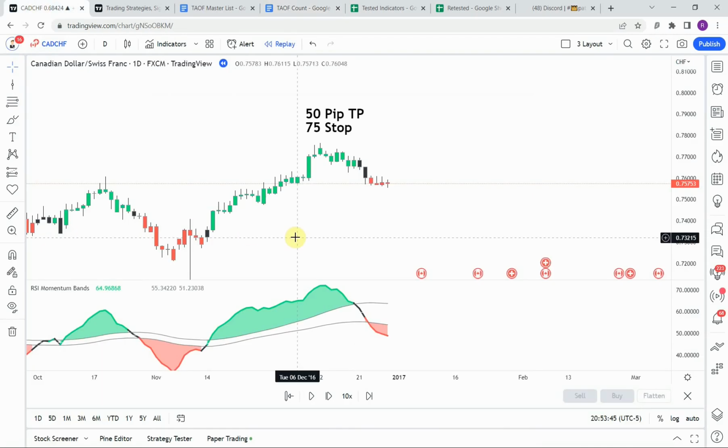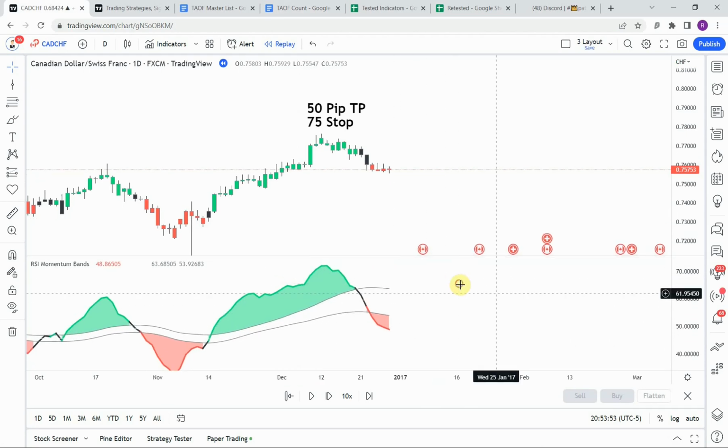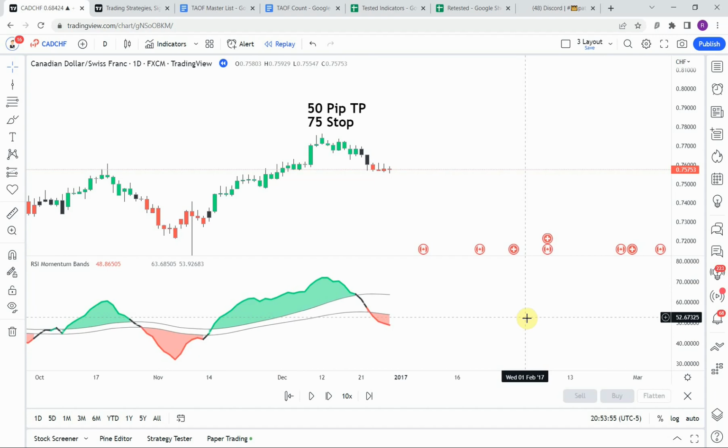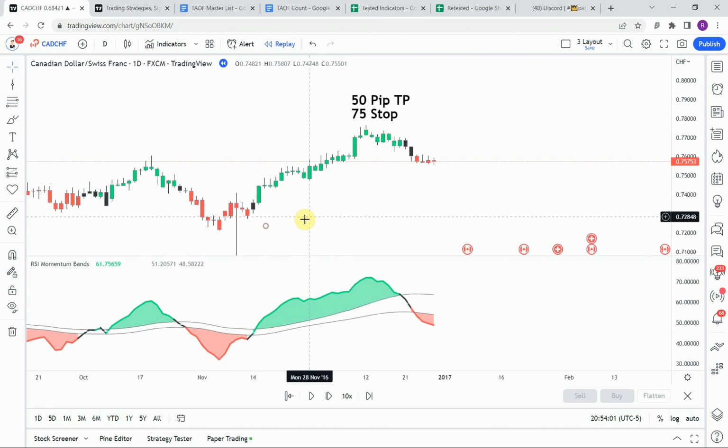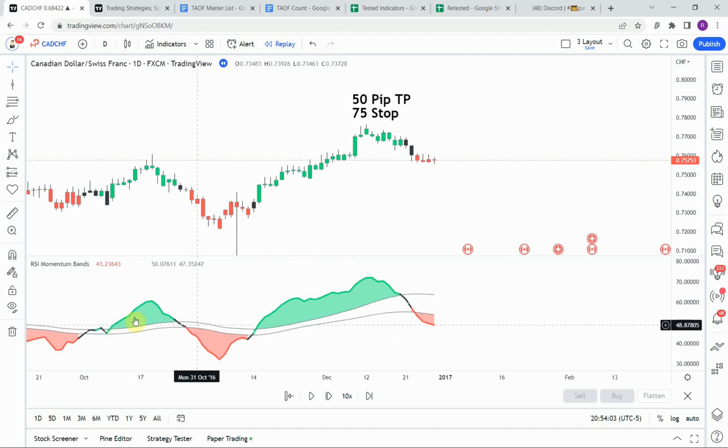Okay, so today's indicator is the RSI Momentum Bands indicator, and you can see it here on the bottom of the screen. The setup on this is pretty easy, as you can probably guess, just visually looking at it and looking at the bar coloration. What we have is basically a channel, the bands here, oscillating through the middle of the screen.